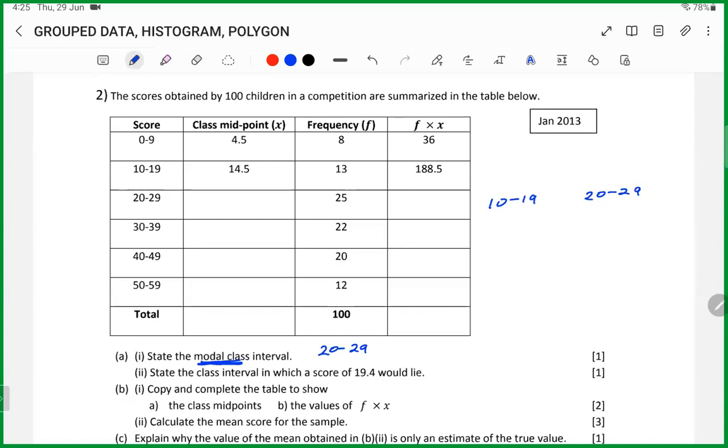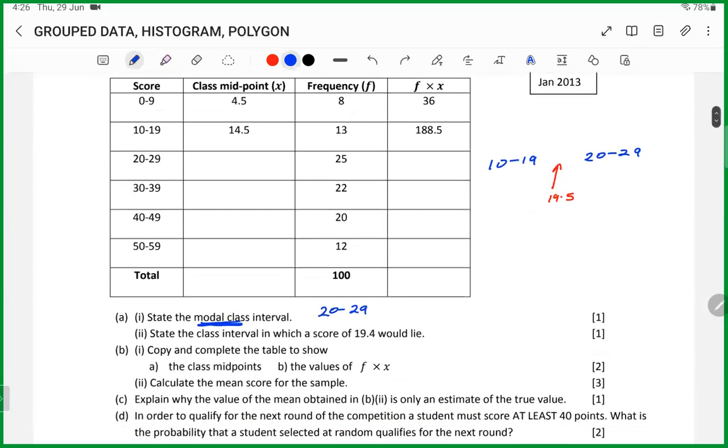Well, remember that the boundary between 19 and 20 is the average of 19 and 20, which is 19.5. So if the boundary is 19.5, 19.4 would still fall in the 10 to 19 class. 19.6 would be in the 20 to 29 class.